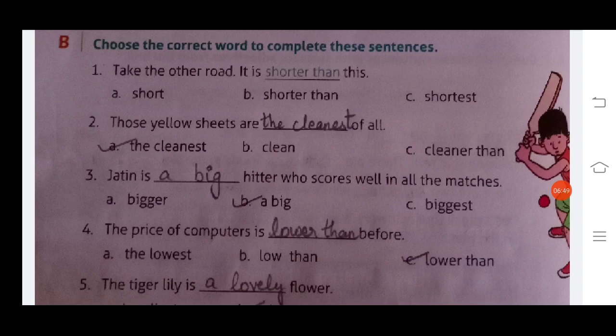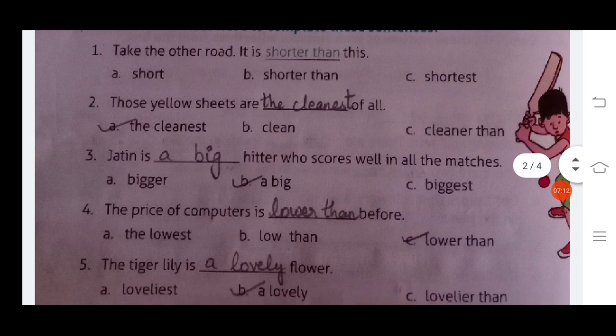Number 1, take the other road. It is shorter than his. We are comparing between two roads, so we will use shorter than. Number 2, those yellow sheets are dash of all. One yellow sheet is being compared with many other sheets, so we will use the superlative degree, the est form.